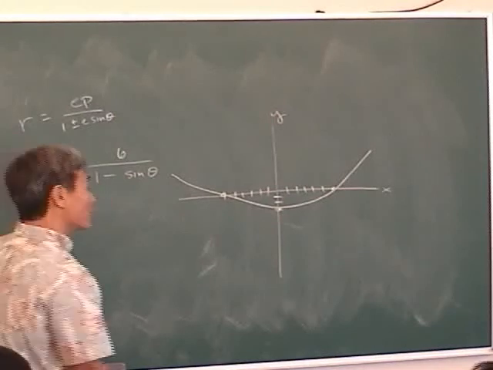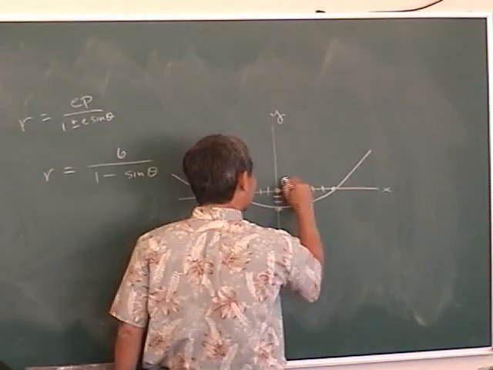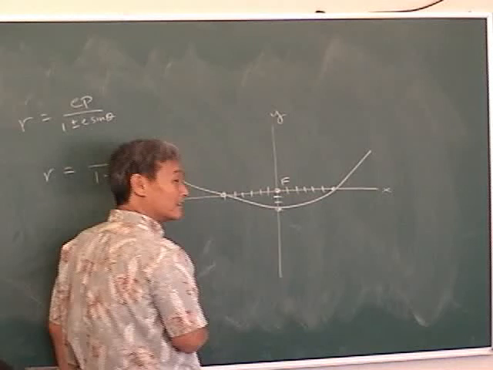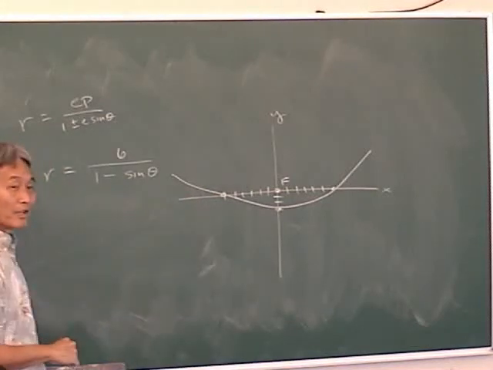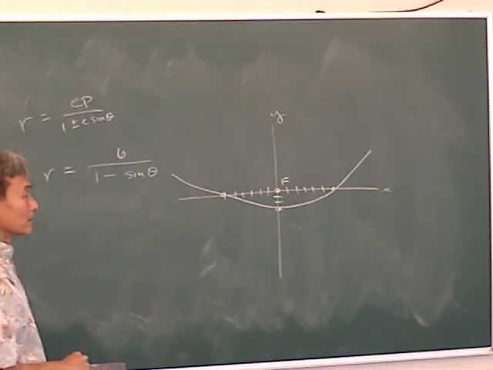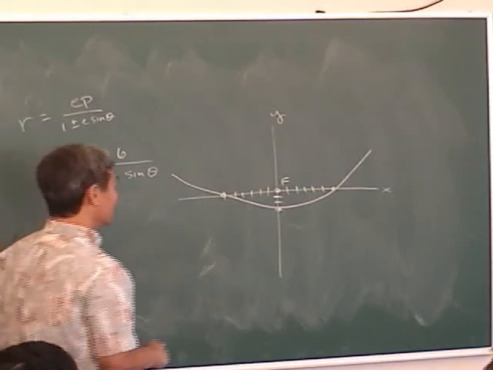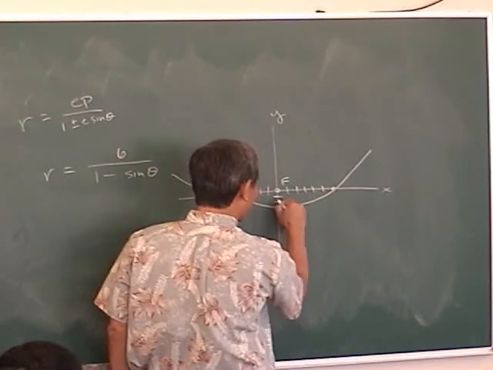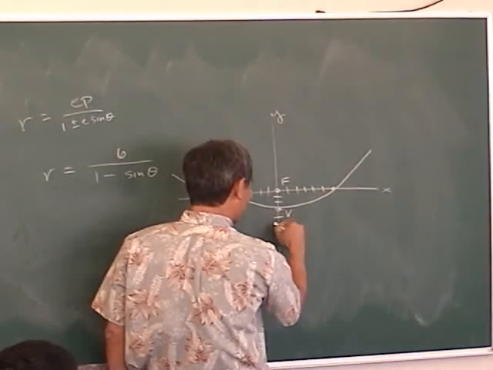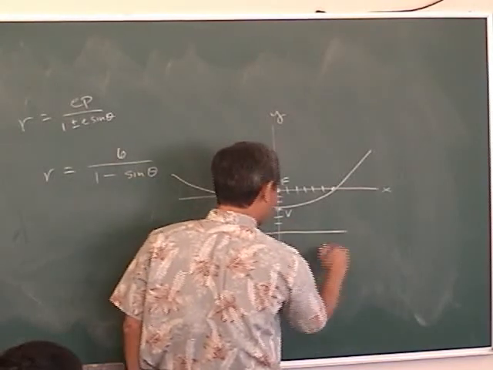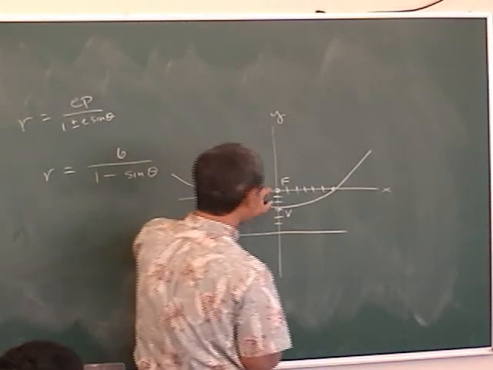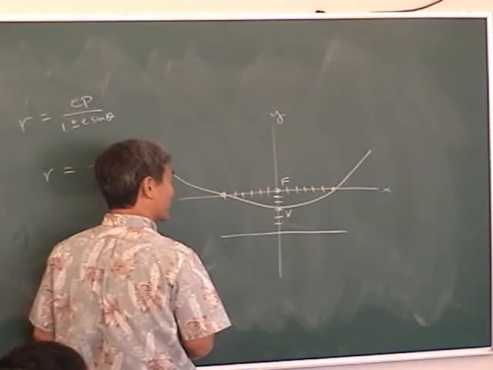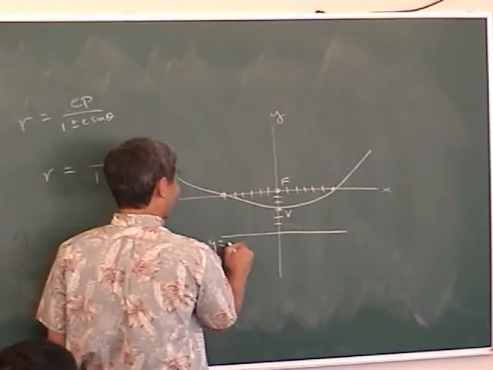So you already know this is the focus. Once you know that's the focus, where's the directrix going to be? Look, here's the vertex. You have to go 3 this way to get to the focus, so don't you have to go 3 this way to get to the directrix? Because those distances have to be equal. So tell me, what's the equation of the directrix? y equals -6.